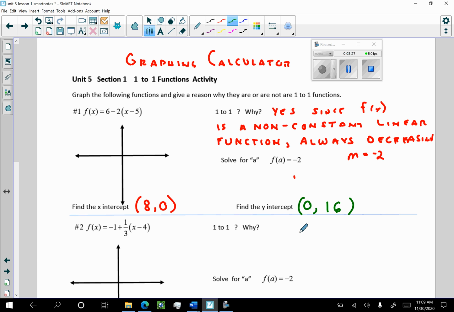So I've plotted those. It's not really to scale, and that's okay. I'm going to plot the (0, 16) up here. The x-intercept is going to be (8, 0), and here comes my line.